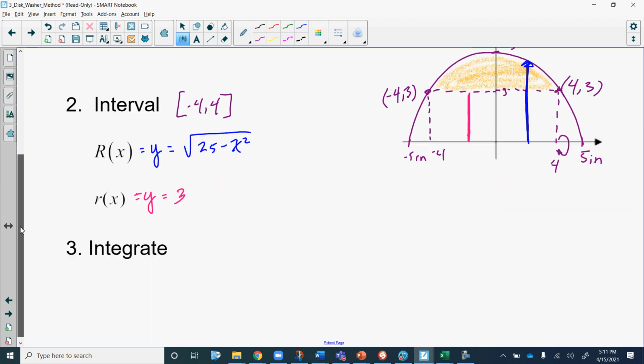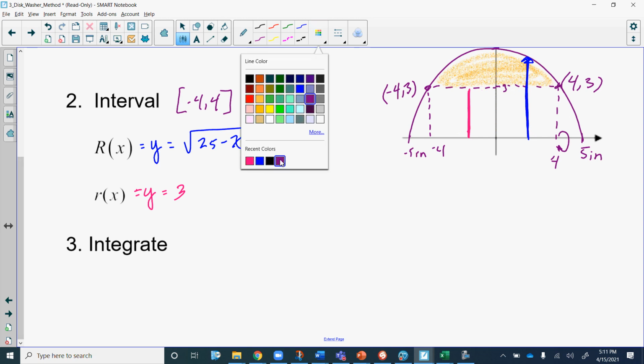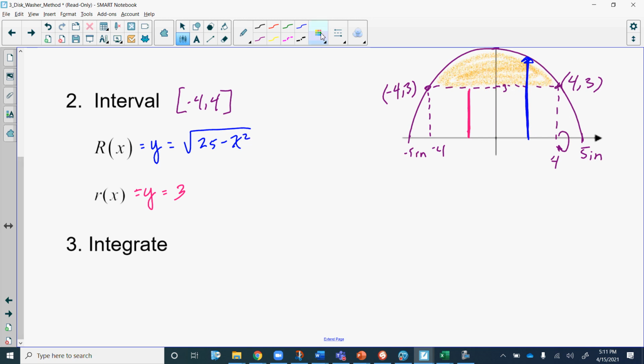So let's go ahead and integrate this guy and see what we end up with. So the integration, volume pi, the interval that we got was from -4 to 4. Instead of doing it from -4 to 4, this is going to be symmetrical, so I could do it from 0 to 4 and just double it.